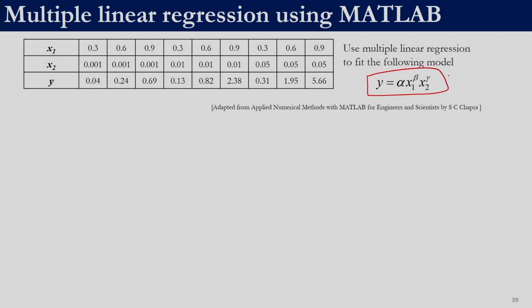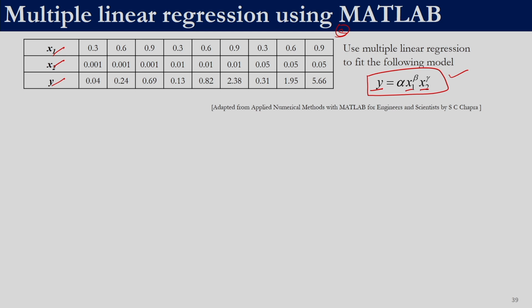Either we can directly solve this as a nonlinear regression problem, or we can use any one of the data transformation techniques that we have seen previously, okay. So, y is the dependent variable, x1 and x2 are the independent variables. So, here we have 1 2 3 4 5 6 7 8 9 points, right.